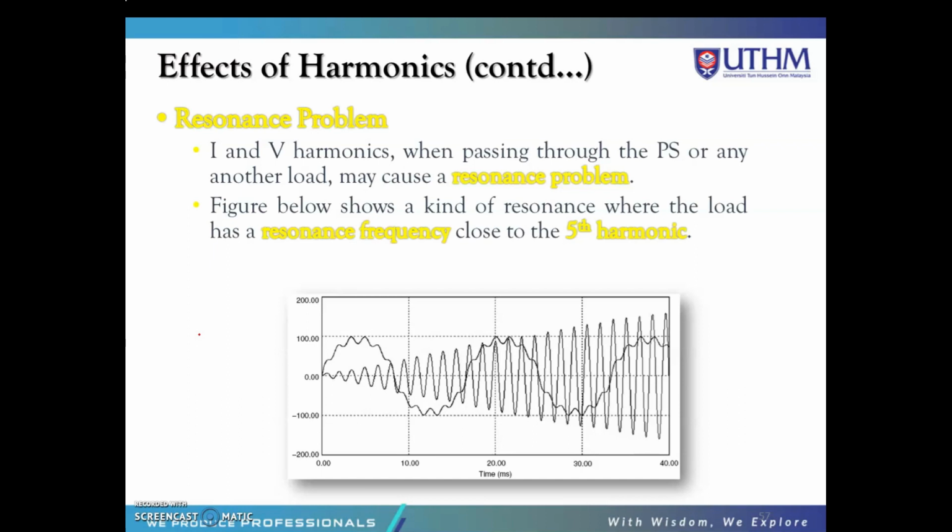This amplification leads to higher energy consumption by forcing the system or some of its parts to work above their specifications. If this resonance is not controlled, it can lead to the destruction of parts of the system or the entire system. The figure below shows a kind of resonance where the load has a resonant frequency close to the fifth harmonic.